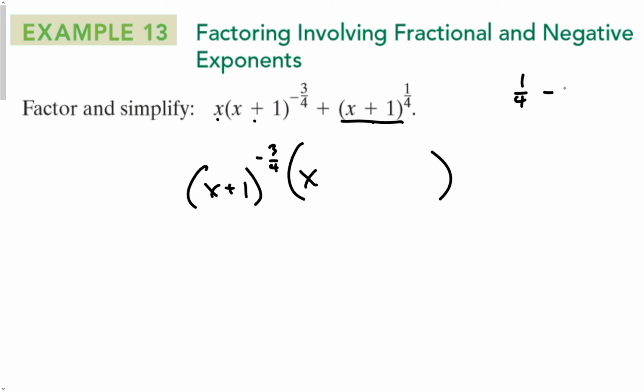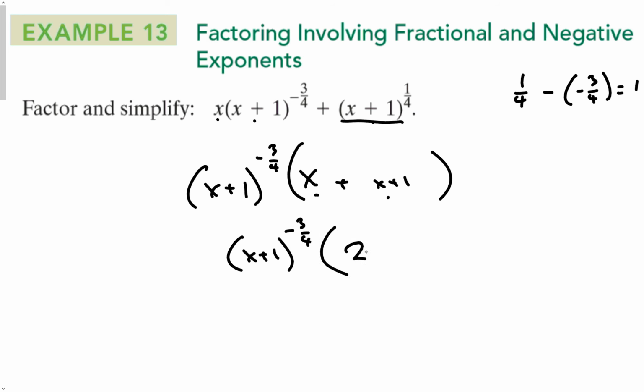So 1/4 minus a negative 3/4 is a 1, which means that we have x plus 1 to the first power, which means we do not need any parentheses to raise something to the first power. It is just itself. And now I have a like term. So we have x plus 1 to the negative 3 over 4 power times 2x plus 1, because I can add those together inside those parentheses.